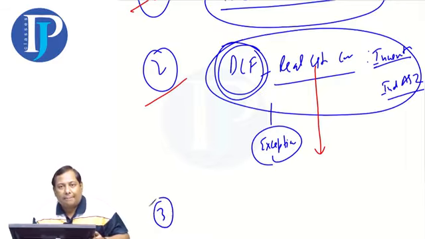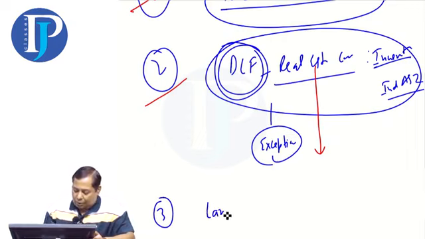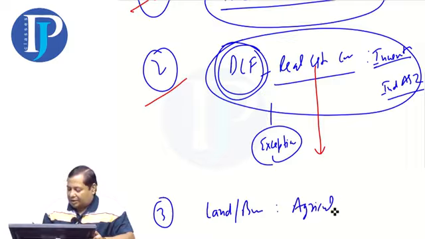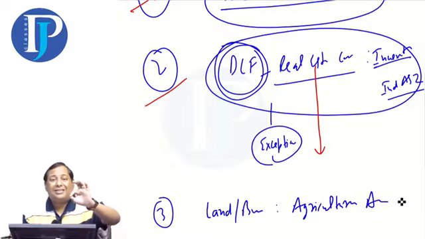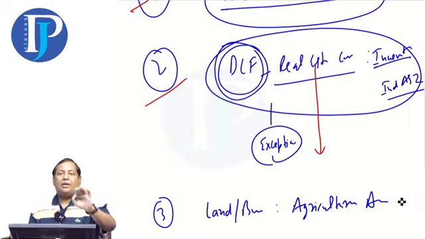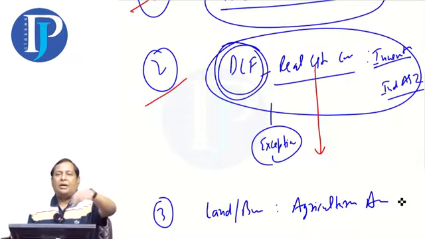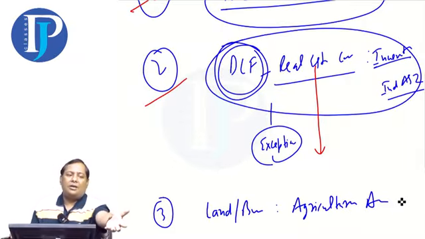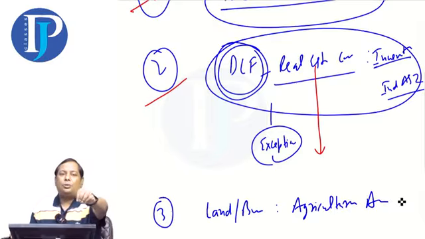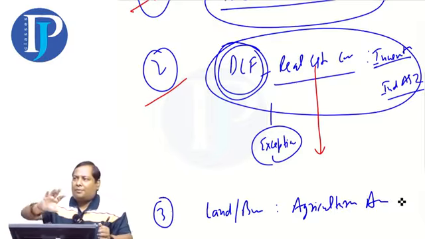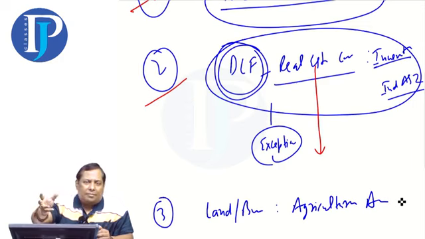Third example. Please pay attention. If any land or building is being used for agricultural activities, if you are involved in any agricultural activities or you have any agricultural land, and any small building is involved in agricultural activities on this land, like a farmhouse built in between.